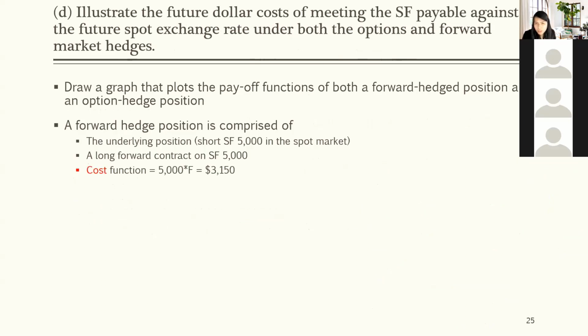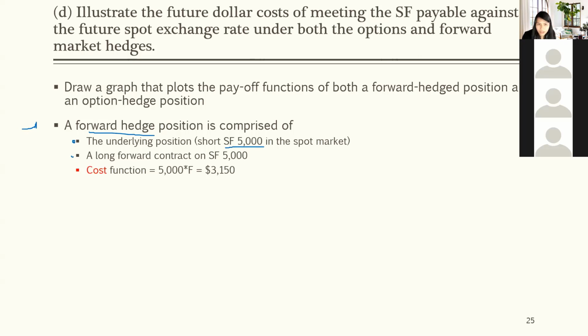If you want to formally show the payoff function of the option and forward hedge positions, for the forward hedge position, like Negis mentioned before, this is going to be comprised of two things. The first thing is the underlying position, which is a short, which is an account payable of 500 Swiss franc.